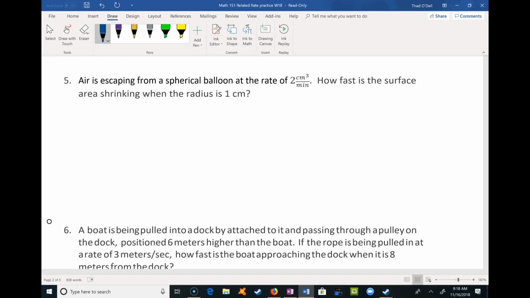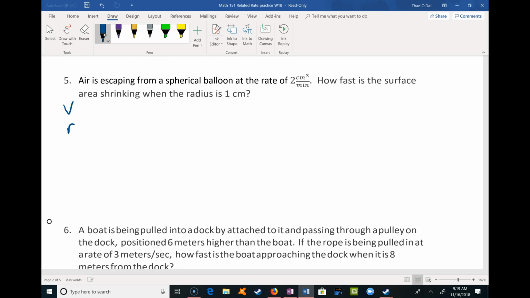Yeah? So let's gather our variables together, so we know what we need to relate. Air is escaping from a spherical balloon. So what's going on there? We've got volume, right?